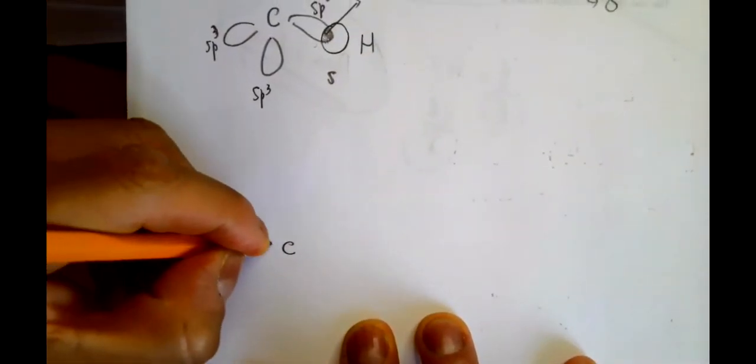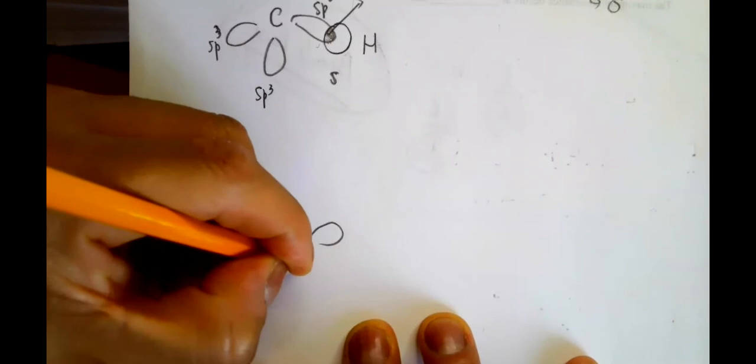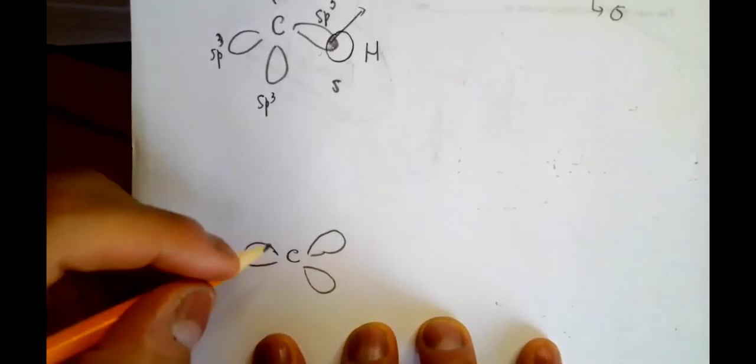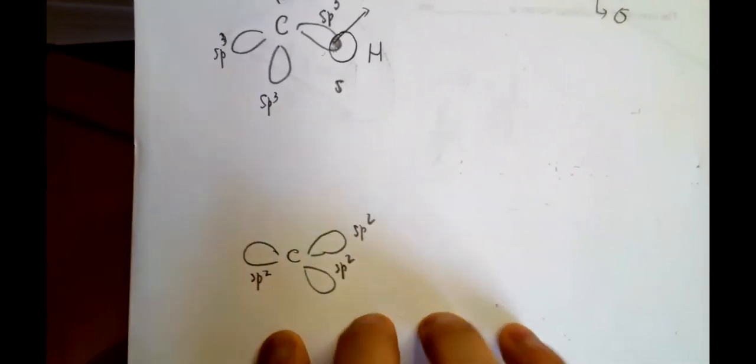Okay, so if I want to do an sp2, that is my carbon in sp2, sp2, sp2, right? 3 sp2 orbitals, because remember that hybridization forms 3 hybrids.